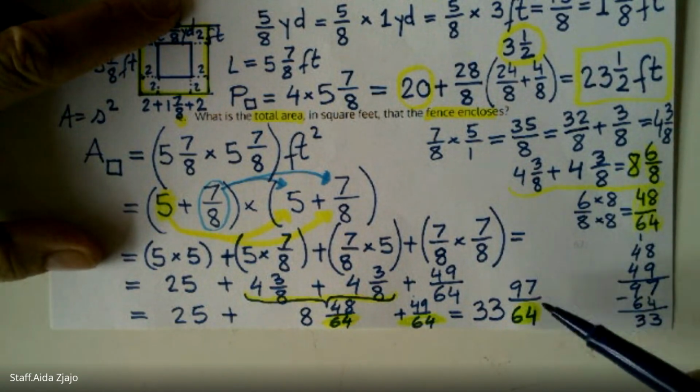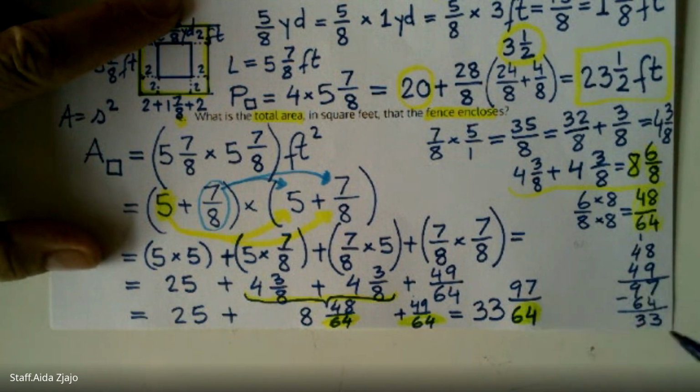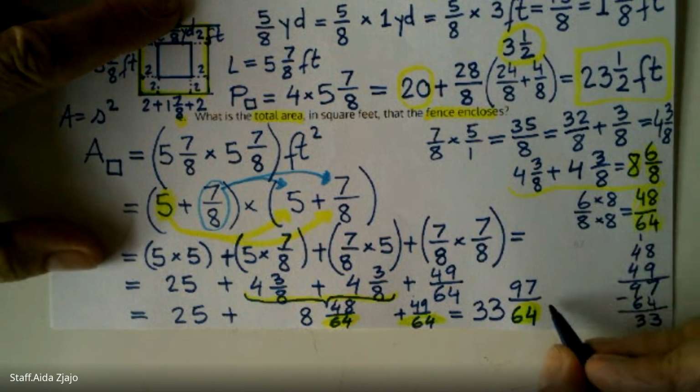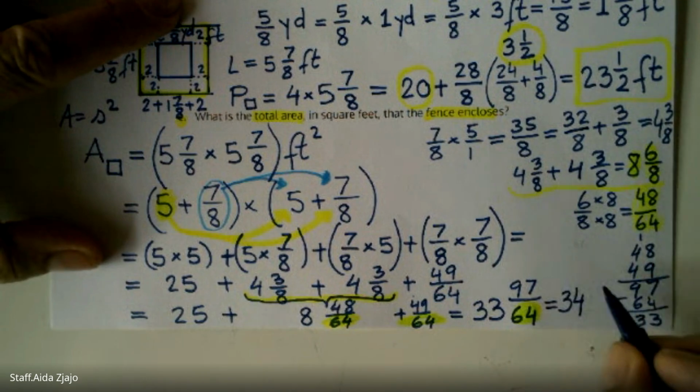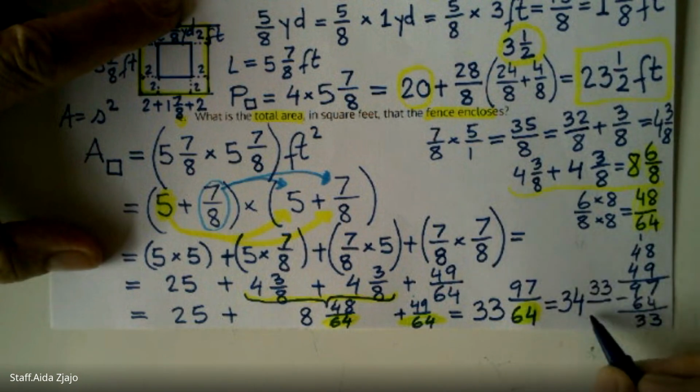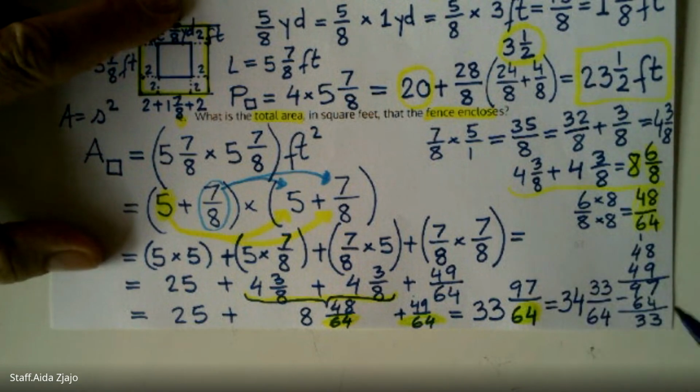So I will make one whole from this, and I will have 33/64 left. So finally, this is equal to 34 wholes and 33/64. Now we have square feet.